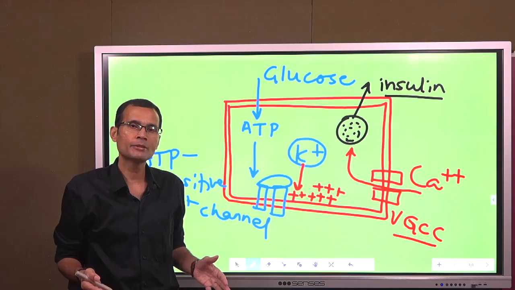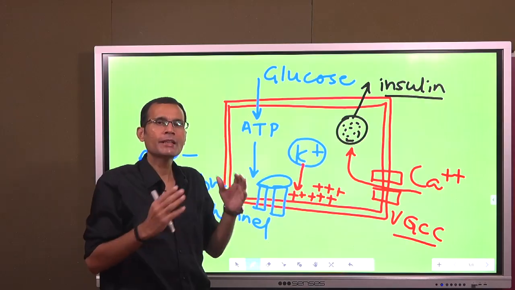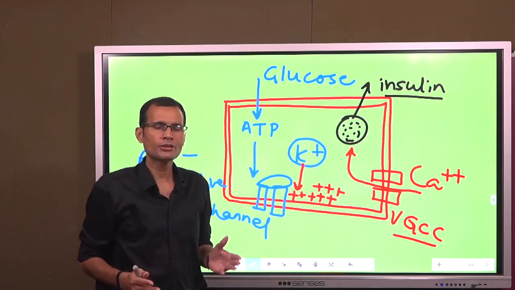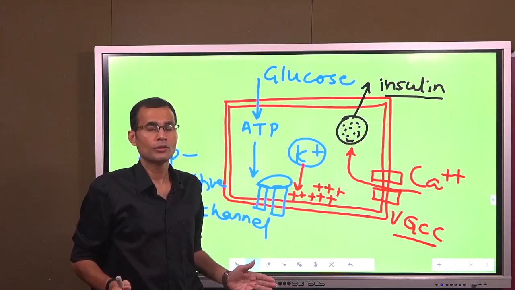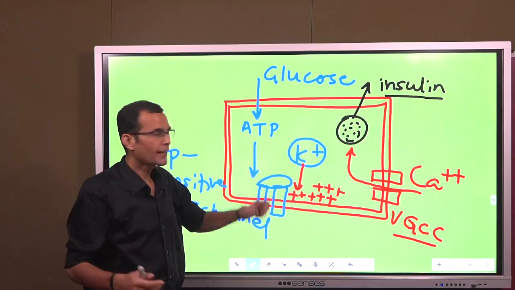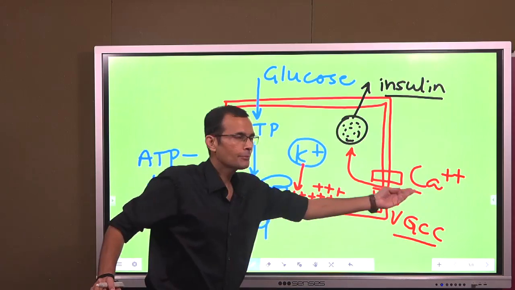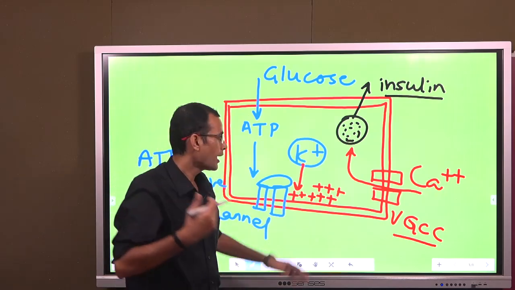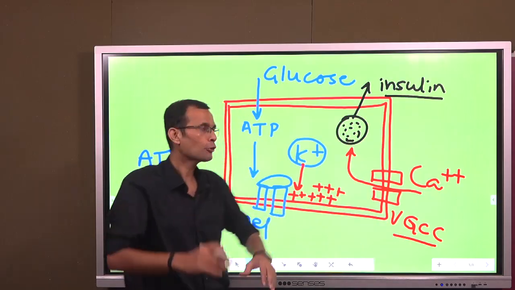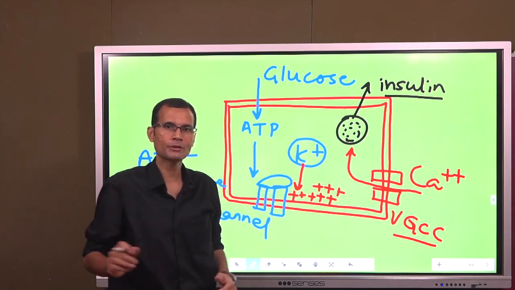We have already described this in the general physiology. The cytosolic concentration has to be kept very, very low, else the cell will be damaged completely. Therefore, it needs calcium, and calcium can come from the ECF after its channels are opened, which are voltage gated calcium channels. And therefore, the membrane voltage has to change. Only then this calcium channel will open.